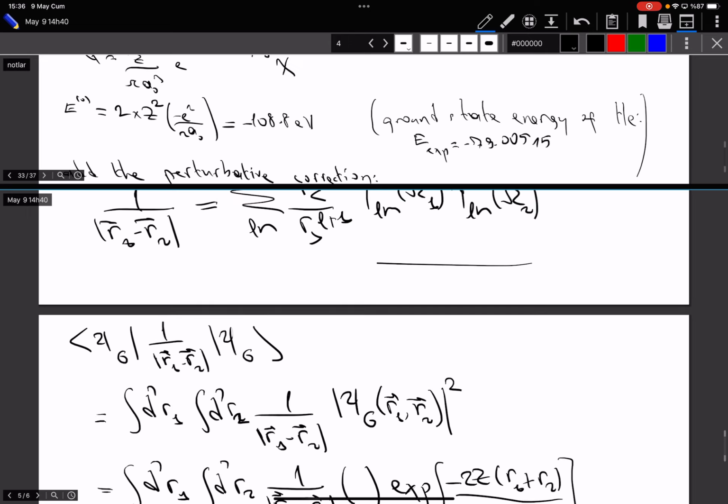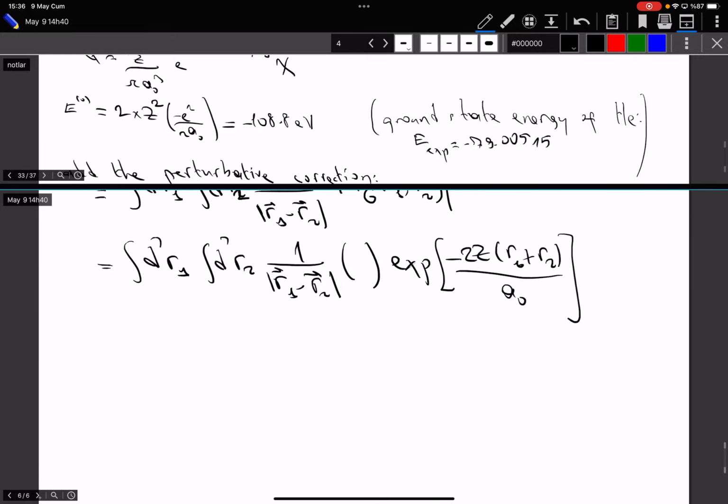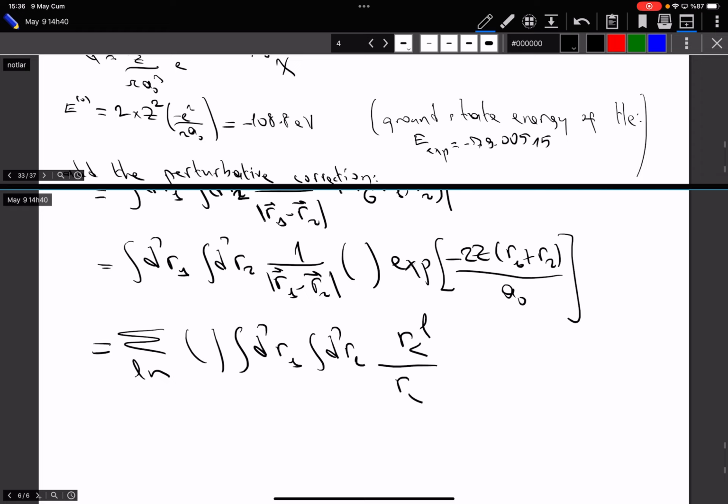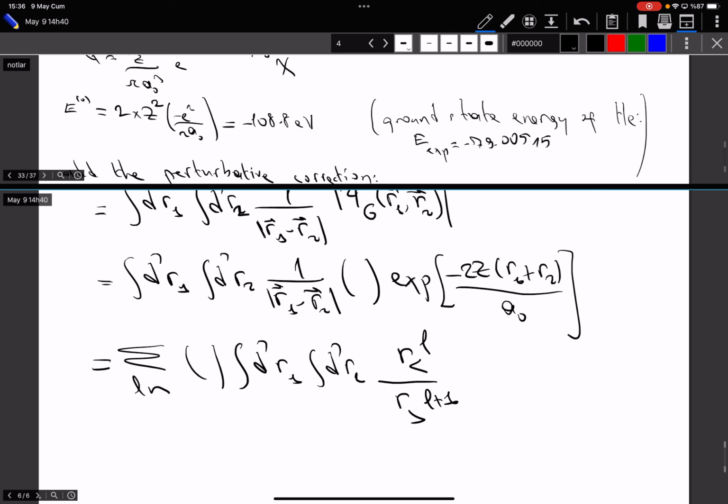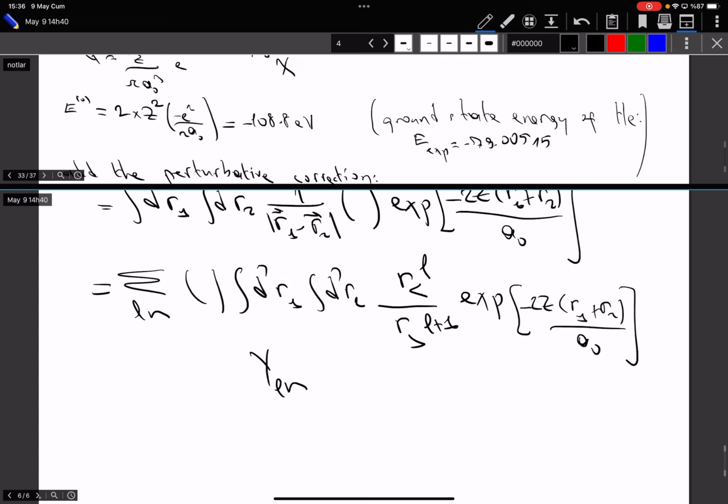But if you use this expansion, that integral becomes a sum over Lm. There's a normalization factor, d cubed R1, d cubed R2, R small to the power L, R large to the power L plus 1, and I have the exponent, and then I have Y_Lm star of omega 1, Y_Lm of omega 2.